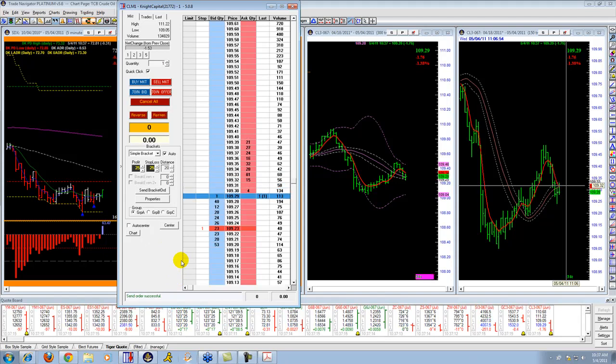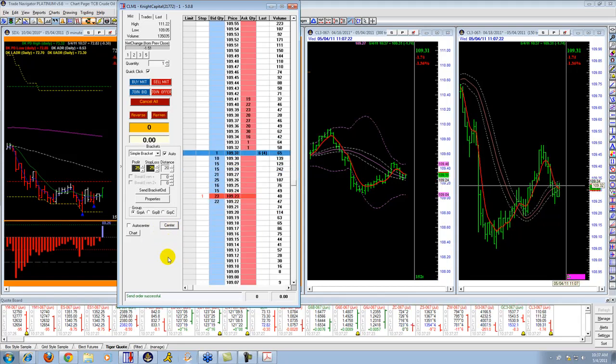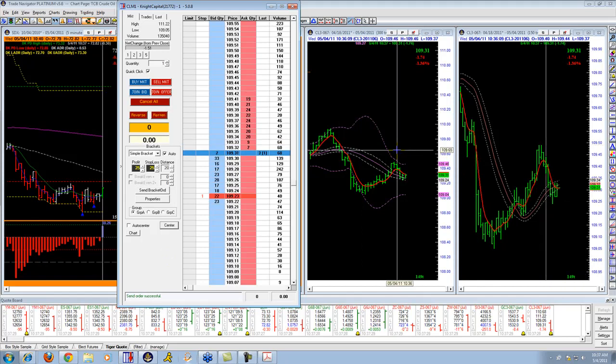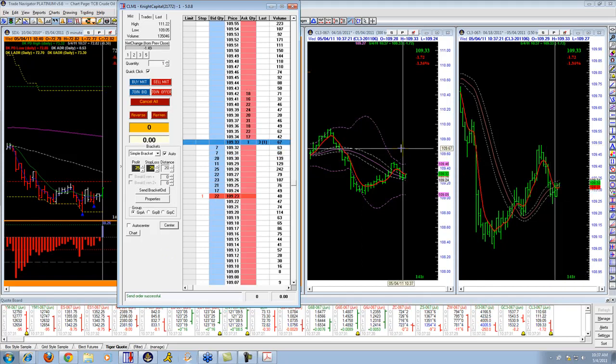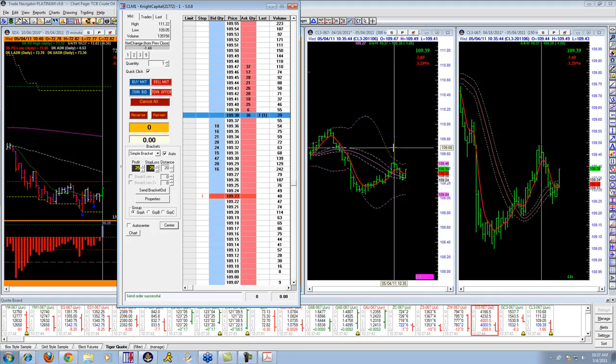That would be a 1R target. The last low went down there to 24. See if this 49 holds here.